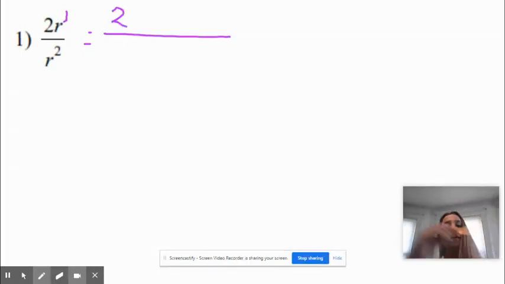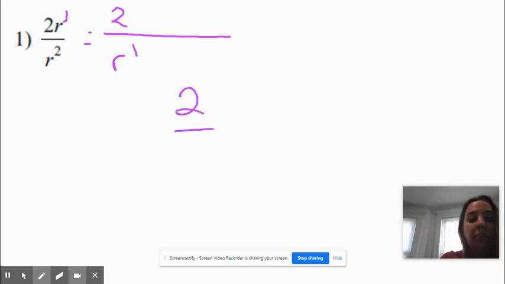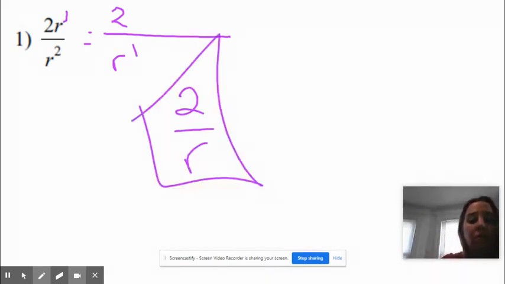And then, look, you've got exponents 2 and 1. So any leftovers are going to be left in the denominator. 2 minus 1 is 1. So you've got r to the 1 kind of left in the denominator. And we neaten it up, and it's just 2 over r. And that's the ugliest square, but also the coolest.